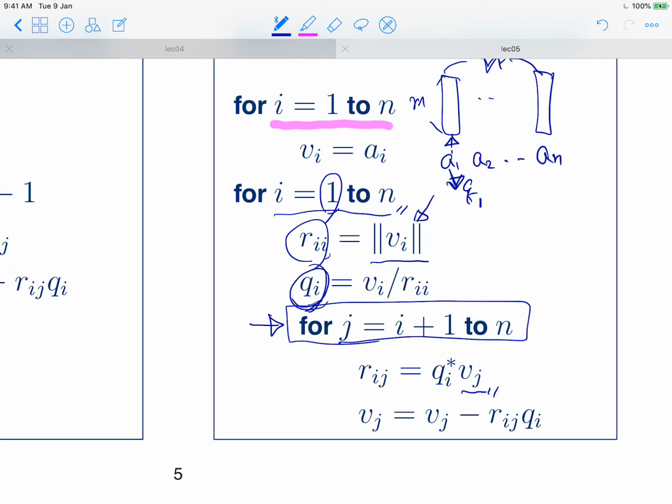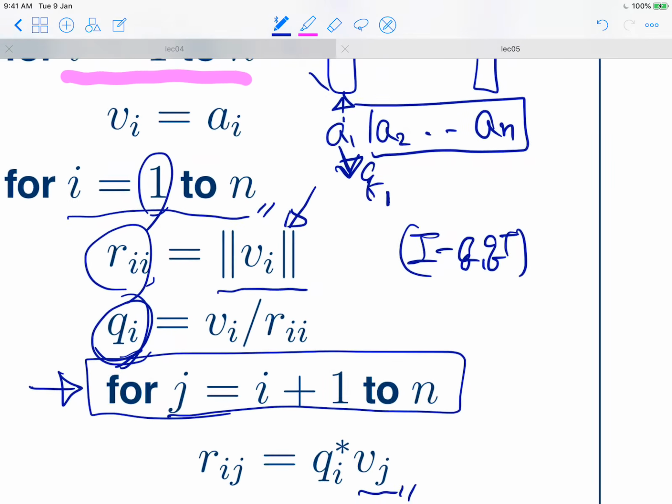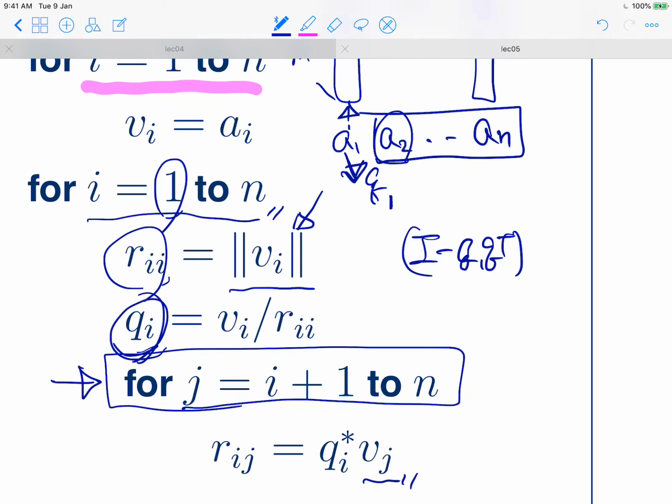And then given the remaining ones, we first apply this I minus q1 q1 transpose matrix multiplication simultaneously. For a2, we just multiply with this matrix, and then we have to normalize it, of course.